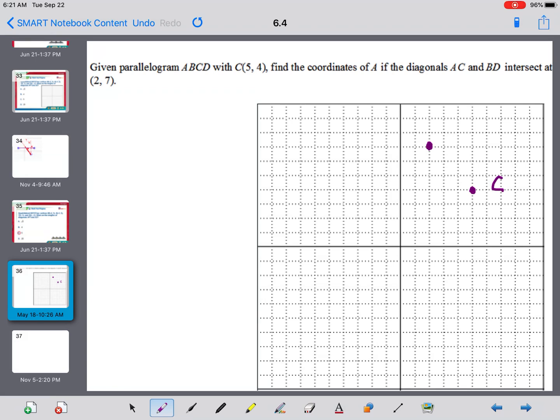Okay. So the diagonals bisect at 2, 7. So whatever this is, there is another one on the other end. In other words, this is the center, so we've got to go on up.